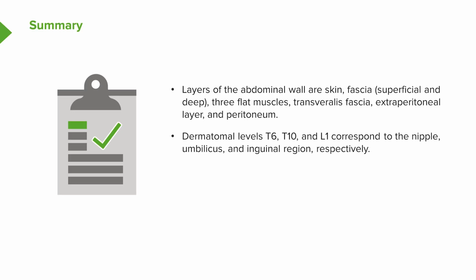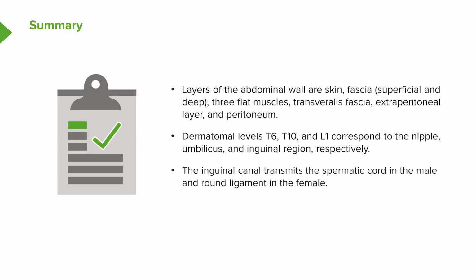Dermatomal levels T6, T10, and L1 correspond to the nipple, umbilicus, and inguinal regions, respectively. The inguinal canal transmits the spermatic cord in the male and the round ligament in the female.